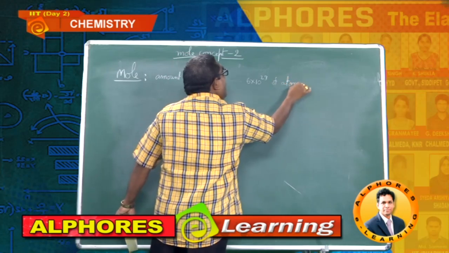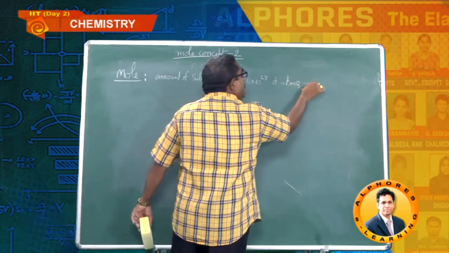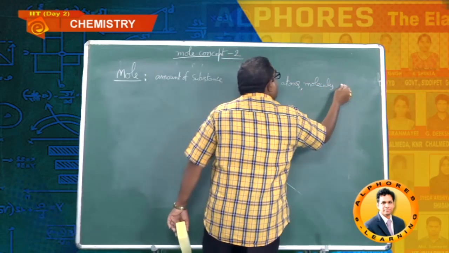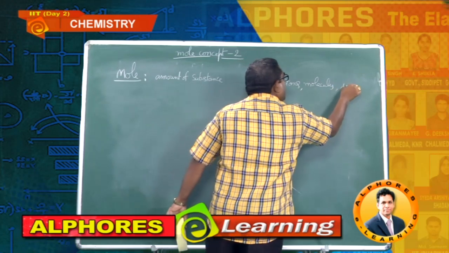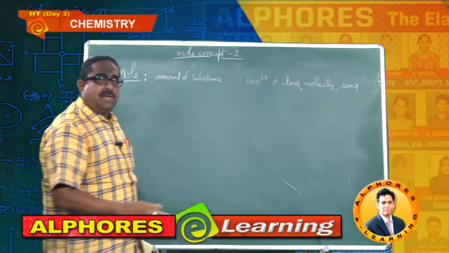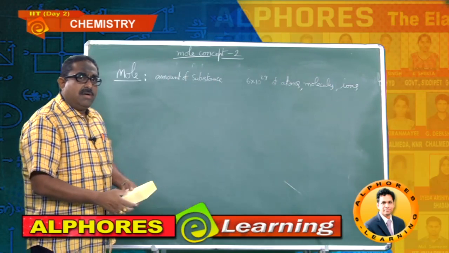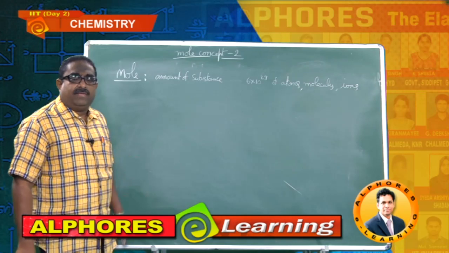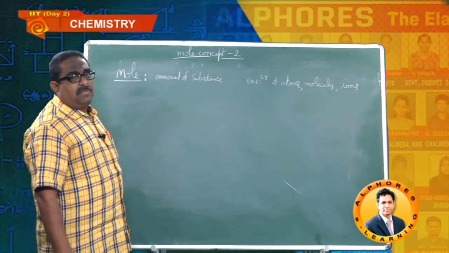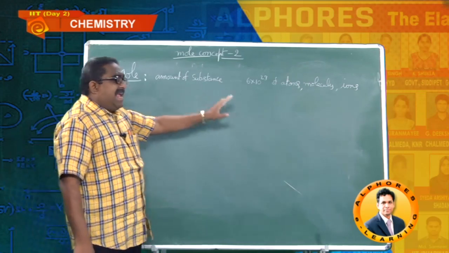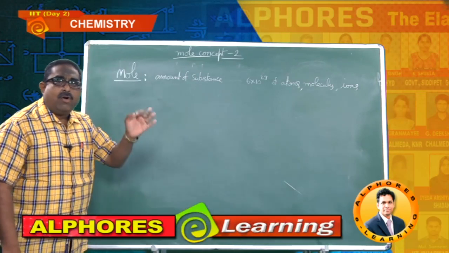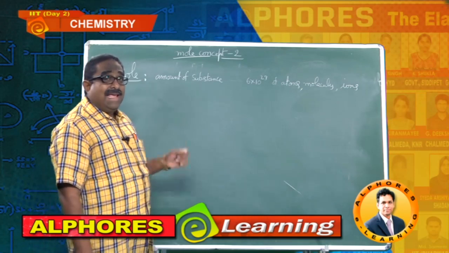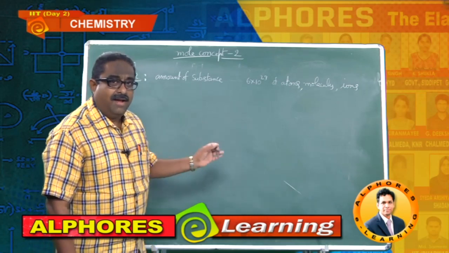either atoms, molecules or ions or protons or electrons or neutrons, whatever might be the microparticle. Mole can be defined like this. Mole is the amount of the substance which contains Avogadro number of, that is 6 into 10 power 23, Avogadro number of chemical entities.